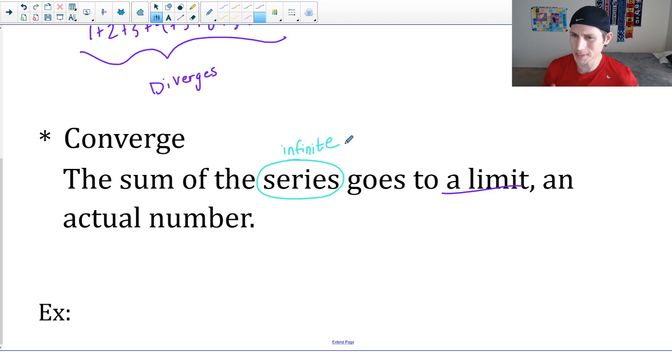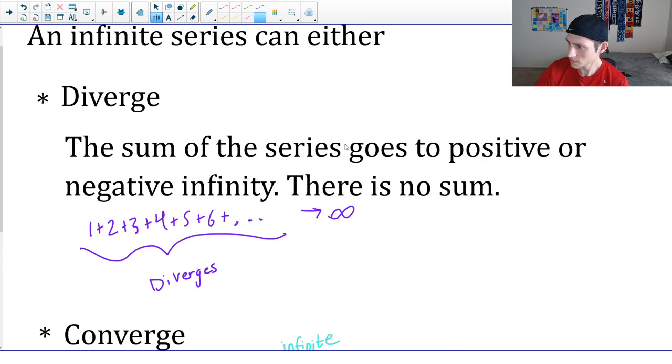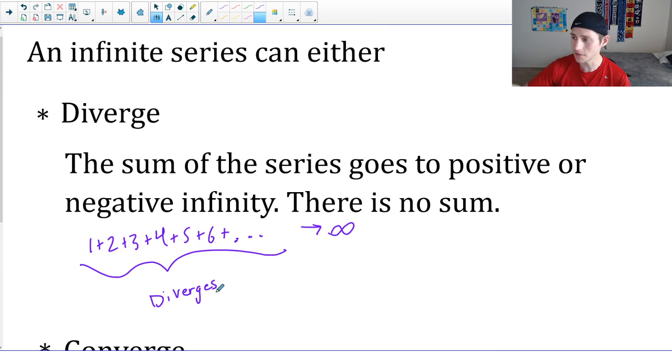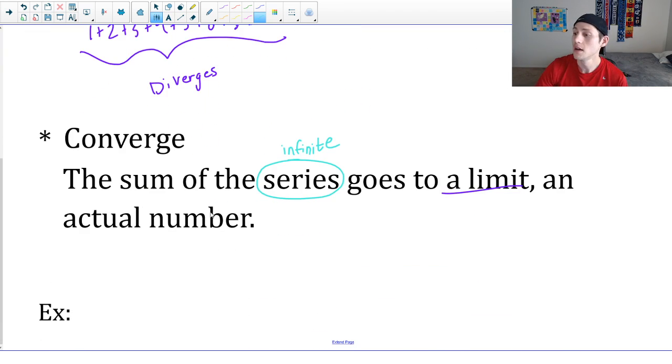How can I add up an infinite number of things but end up at an actual number? Up here it makes sense: add up an infinite number of things and it's just going to end up being infinity. But there are some series that will actually converge, where even when you add up an infinite amount of things, you end up with a single finite number.